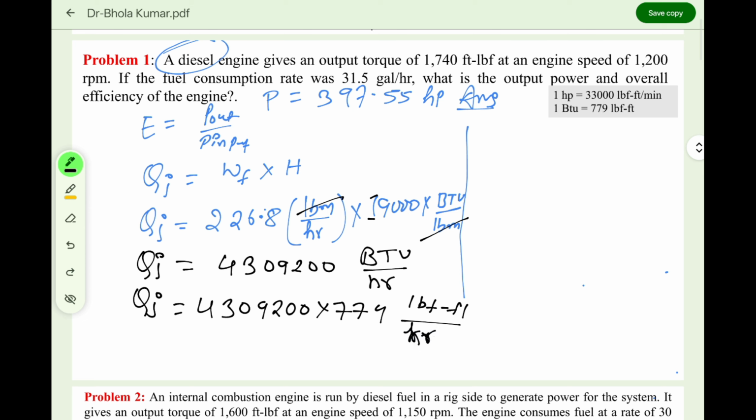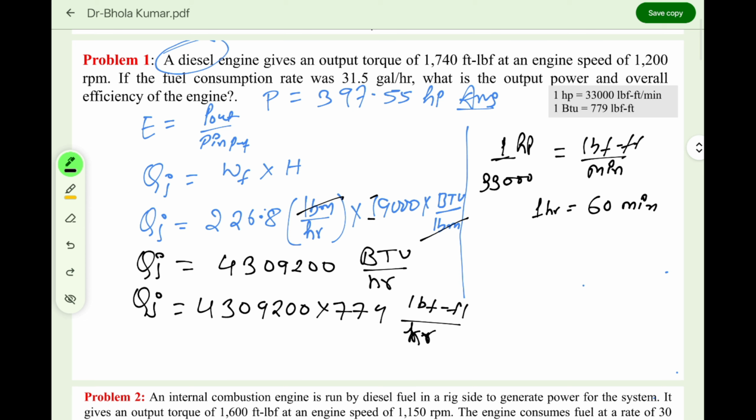If I have to convert into horsepower, 1 horsepower is equal to 33000 lbf feet per minute. But here it is per hour, and 1 hour is equal to 60 minutes, so these terms go into the denominator.